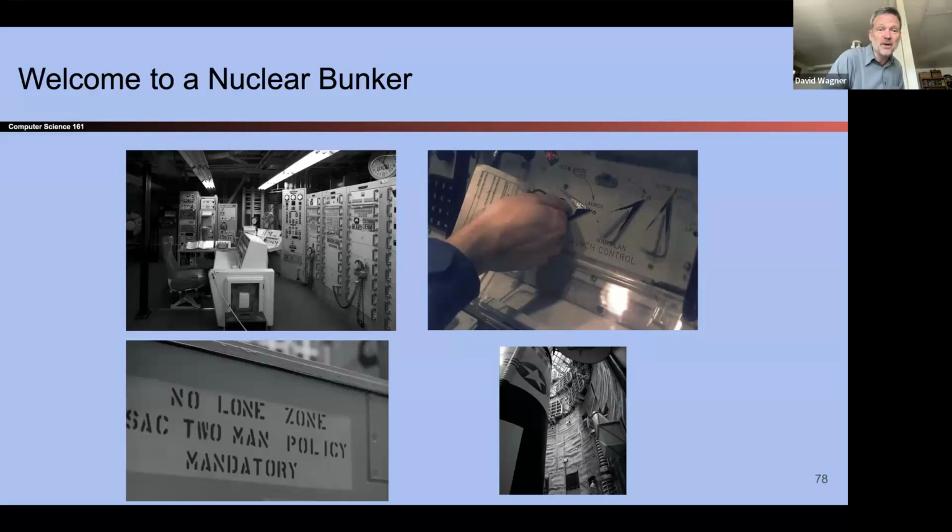And they have all this equipment there that controls and enables launching the missile. And what's interesting is in the control room, there's a bunch of zones, with access to the missile or access to the control room. You may see this sign that says "No Lone Zone," two-man policy mandatory. What that means is that no one is alone. No one's alone with a missile.